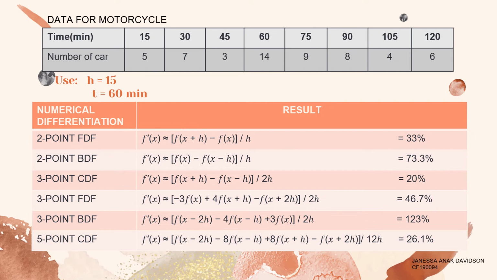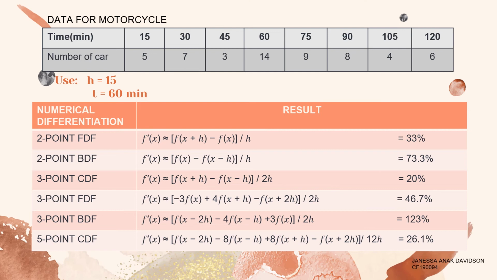For the numerical differentiation, the first one, 2-point forward difference formula, FDF, the result is 33%. 2-point backward difference formula, BDF, the result is 73.3%. 3-point central difference formula, CDF, the result is 20%. 3-point forward difference formula, FDF, the result is 46.7%. 3-point backward difference formula, BDF, the result is 123%.